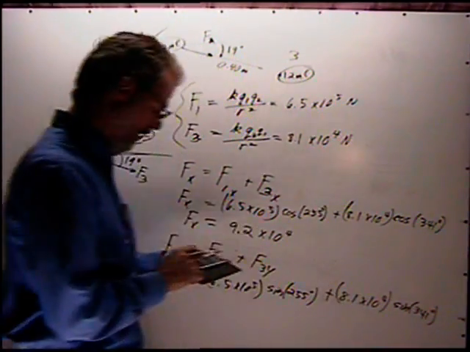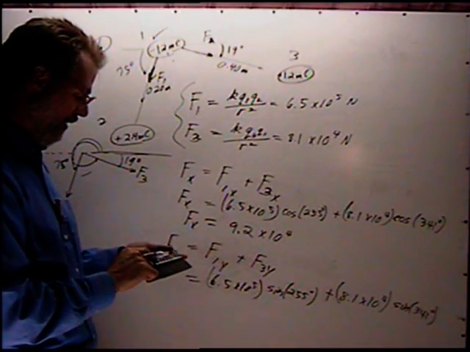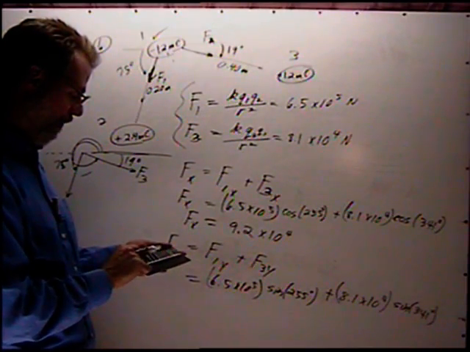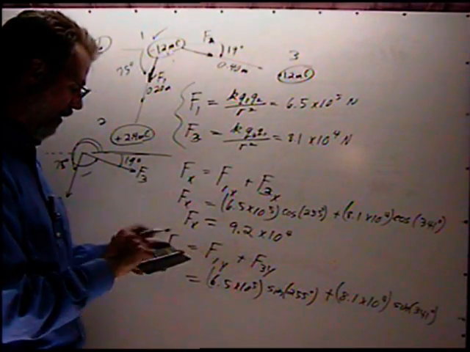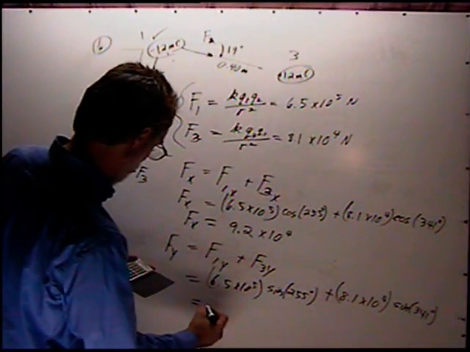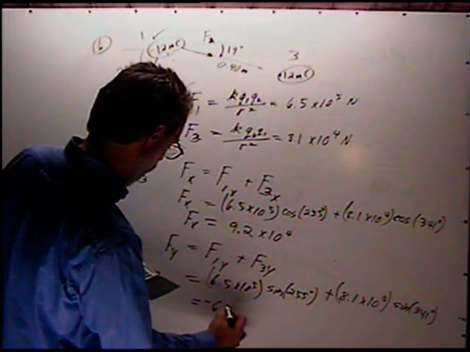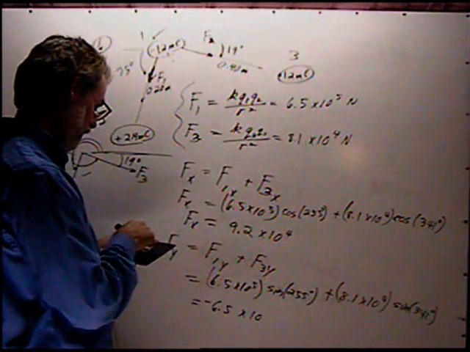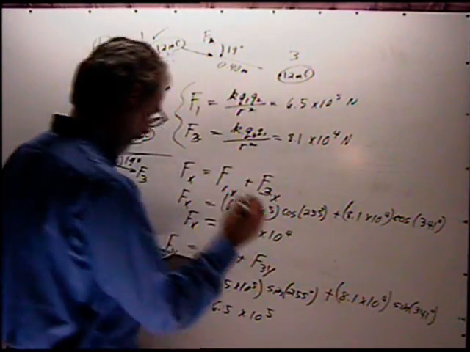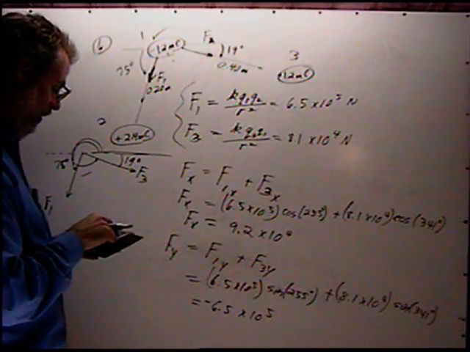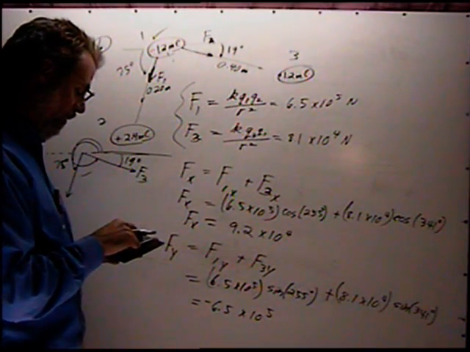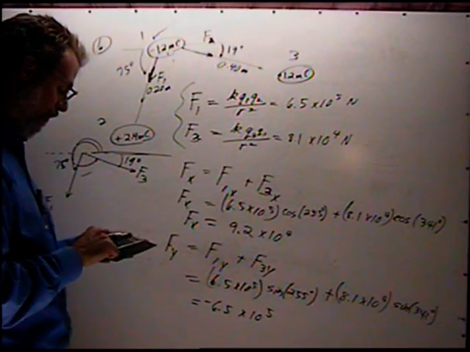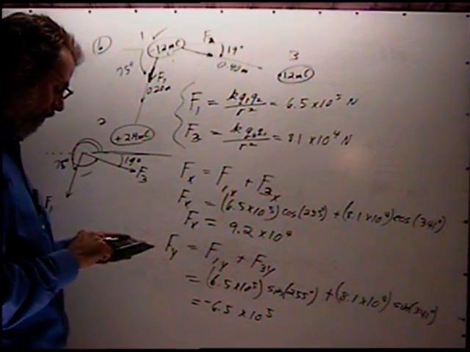Okay, and then the second one, 341 times the sine times 8.1 e to the fourth plus, and I get negative 6.5 times 10 to the fifth. 345. Excuse me. 1, 2, 3. Yes.